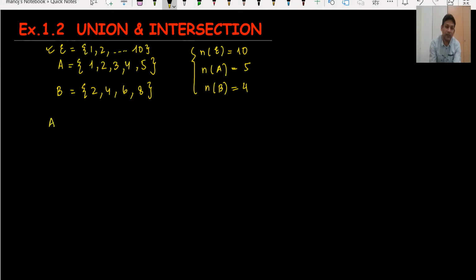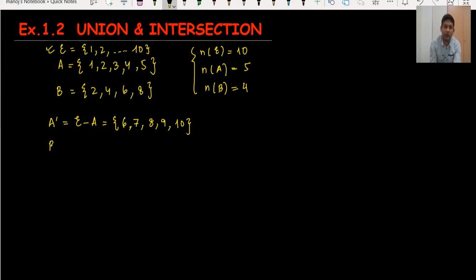What is A complement? A complement is universal minus A. From the universal set 1 till 10, I have to minus 1, 2, 3, 4, 5. So the remaining elements are 6, 7, 8, 9, and 10. So this is A complement.